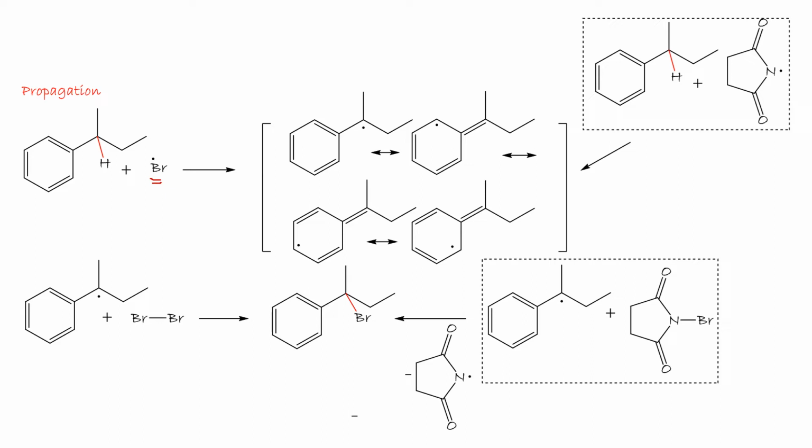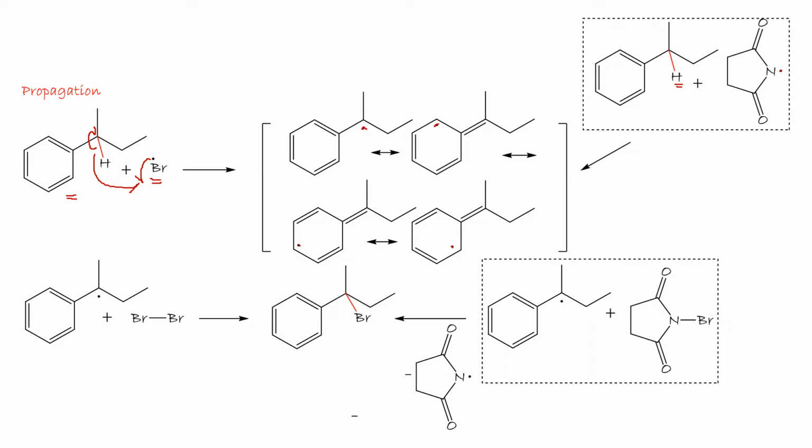In the propagation step, it will react with alkyl halide, forming radical and HBr. And this radical delocalizes over the aromatic ring to stabilize this radical, or according to the other mechanism, the amide will react with alkyl halide to form the same radical, same intermediate.